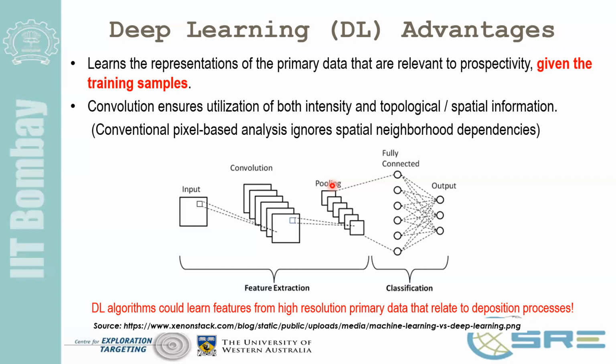In fact, we are looking at geometric and spatial configurations, which become critical, particularly when we are dealing with mineral deposit formations. So it could be a fault, it could be a lineament, it could be a magnetic anomaly, a circular anomaly, a curvilinear. So these kind of spatial features can be picked up by the convolutional network.